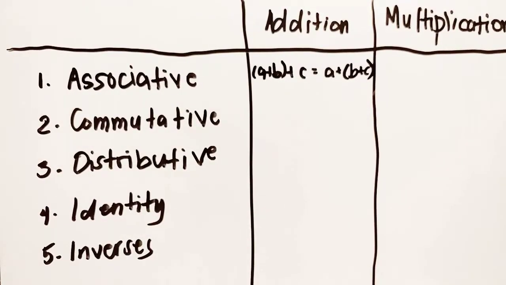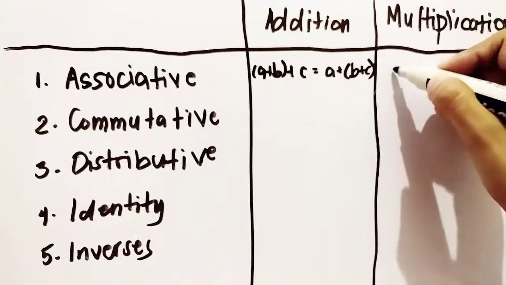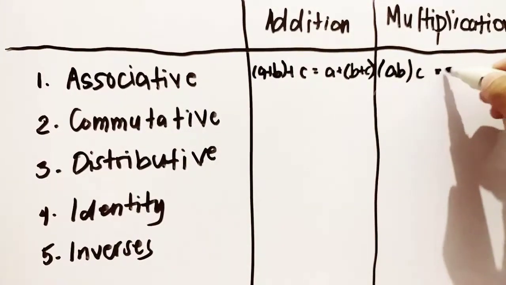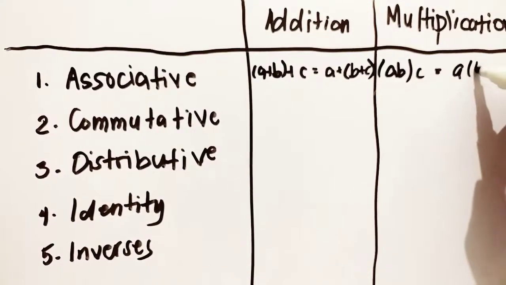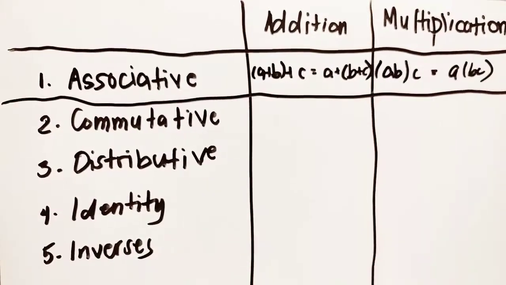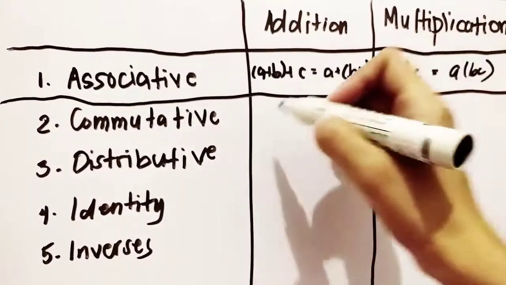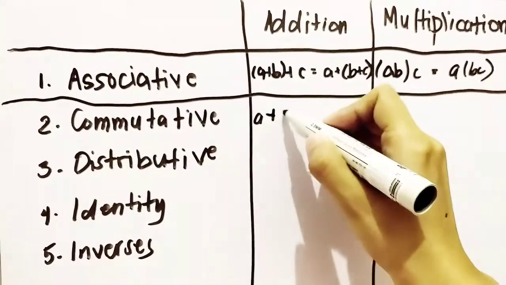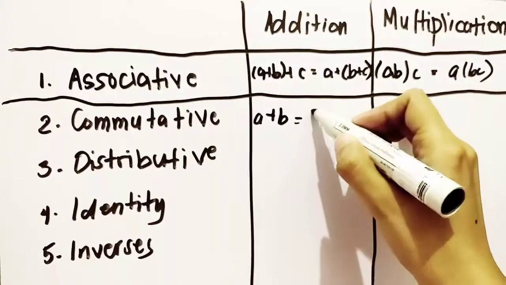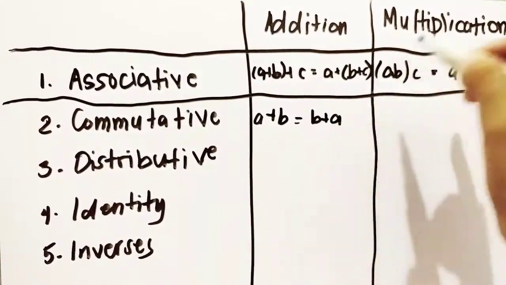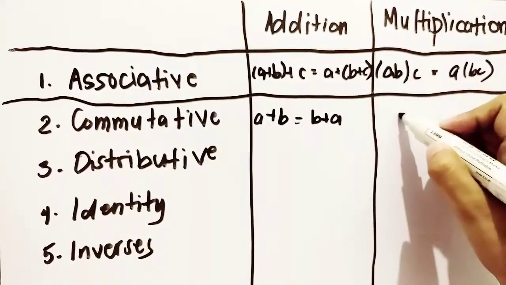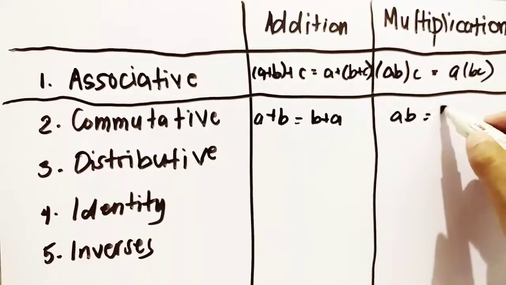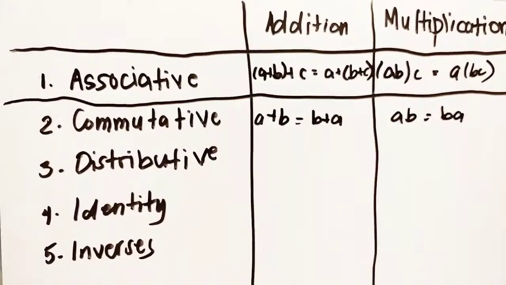And in its multiplication, we have this form. For commutative, we have this form. And in multiplication, we have this form.